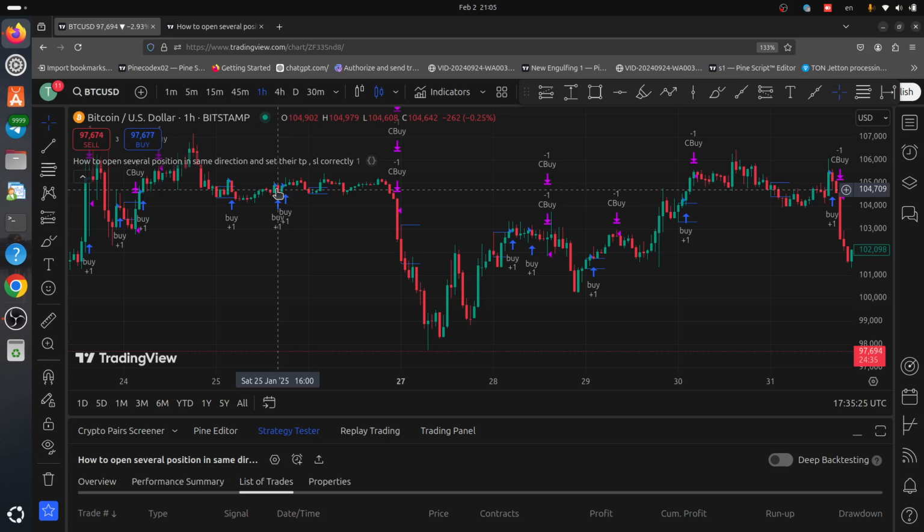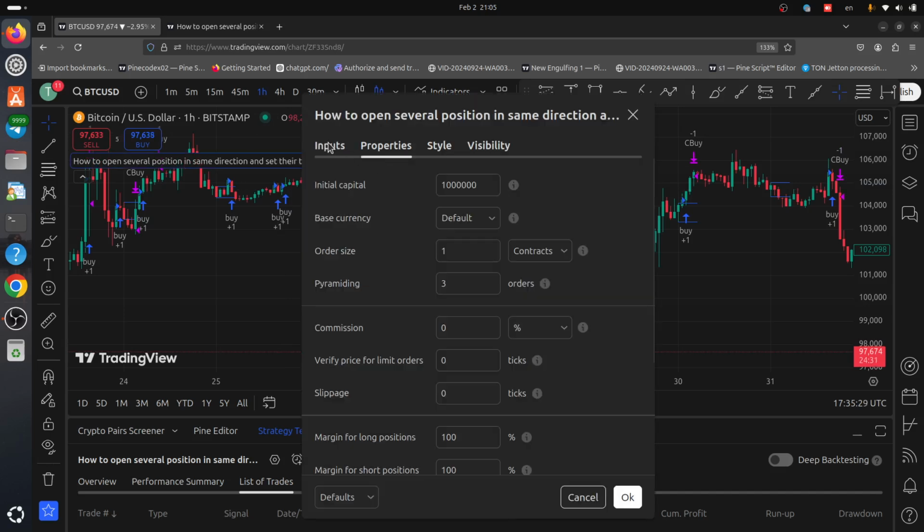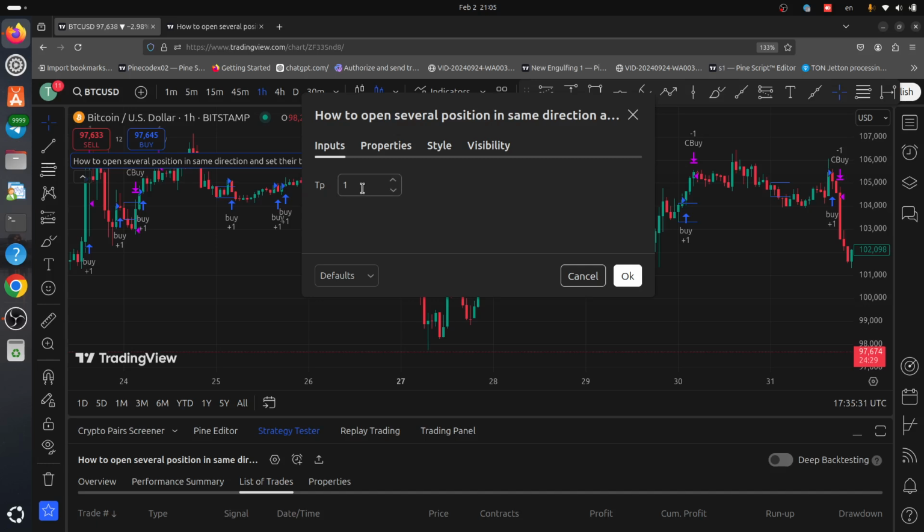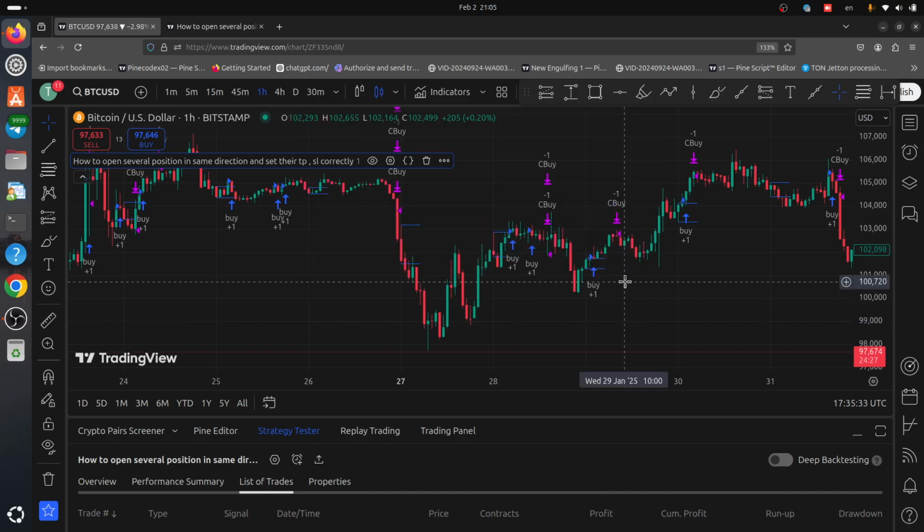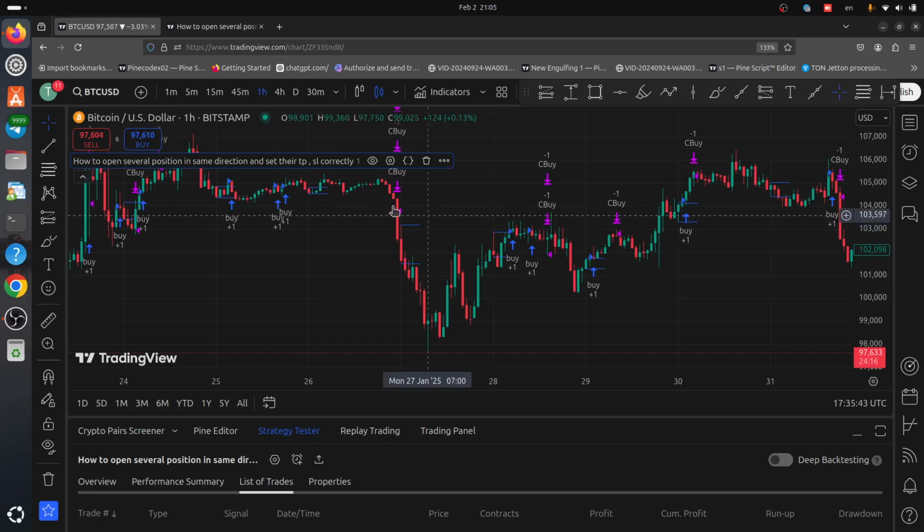Our stop loss and TP are based on percentage, and our entry price changes, so we have a wrong TP and exit for all the open positions, open trades in the same direction.